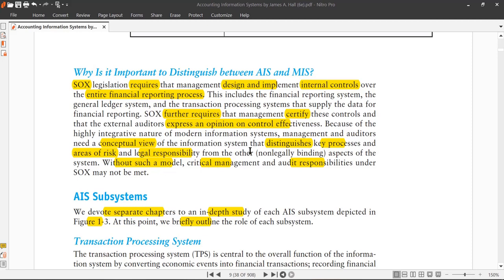Kumbaga, para malaman sino ba yung responsible sa trabahong to. Sino ba yung liable sa trabahong to. So, that's the reason. But kailangan mo distinguish. Okay, let's proceed.